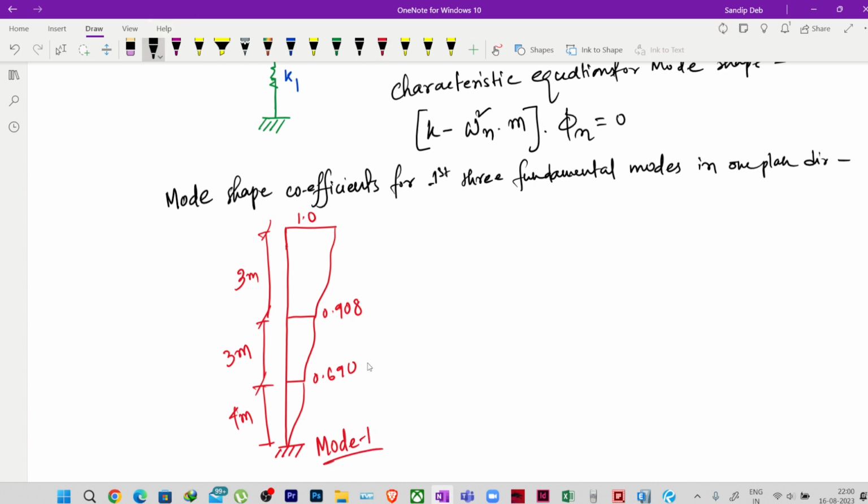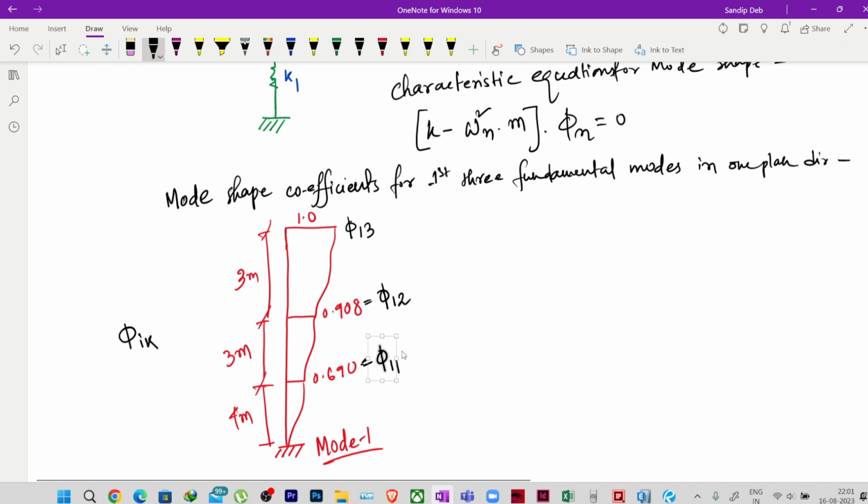We write it in terms of phi ik, where i is the number of the mode shape and k is the number of floors. Sorry, I have written it in the wrong manner.